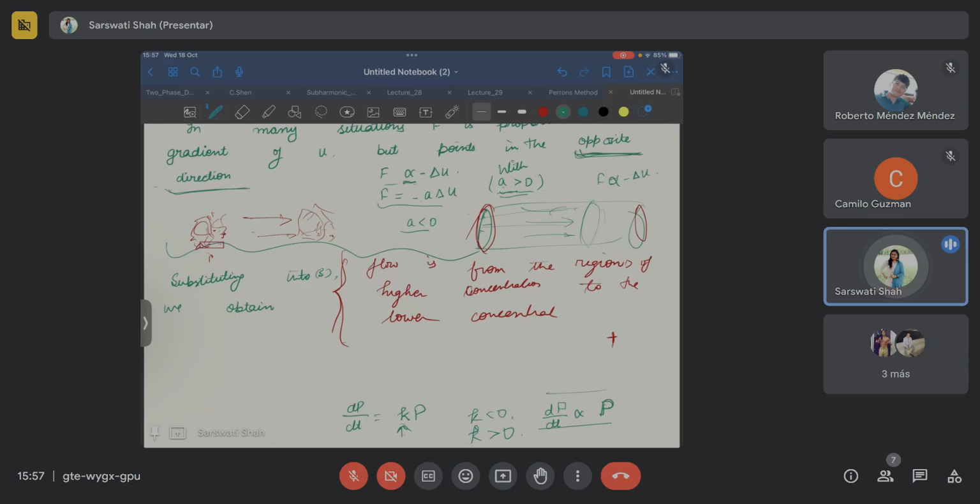If this constant were negative, then f would be proportional to the positive of the gradient of u, which would violate your statement. So I am saying that without loss of generality, it has to be this way. I don't know whether I was able to clear your doubt or not.